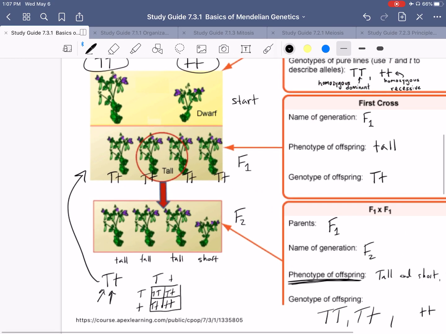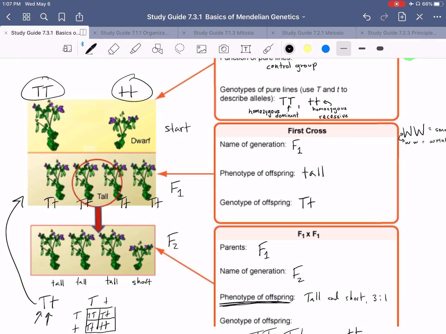That's what we looked at up here, right? The parent generation is homozygous. Big T, big T, little t, little t. And when those come together, this parent can only give big T's and this parent can only give little t's. So that means that the F1 generation is all going to be heterozygous.